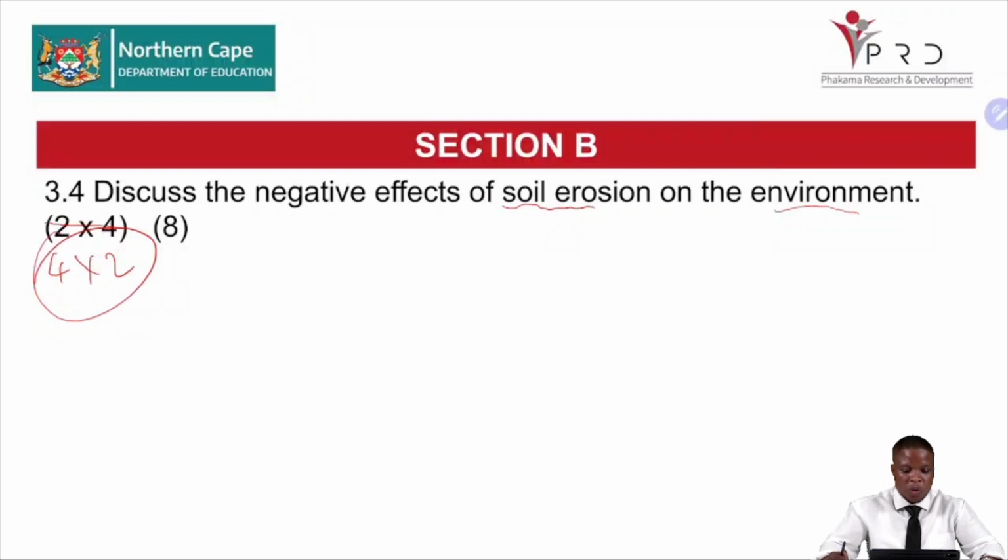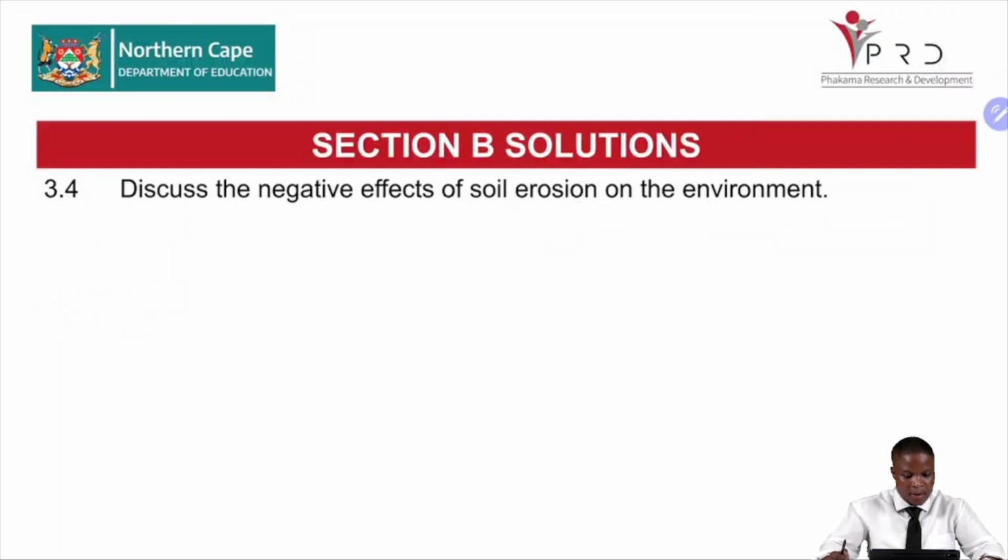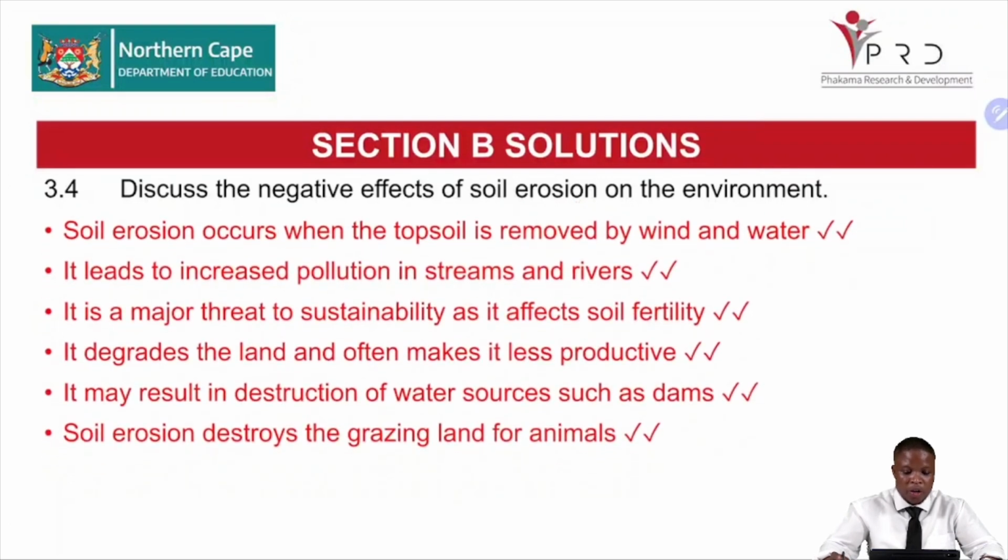Right, grade 12, let's look at our marking guideline. Discuss the negative effect of soil erosion on the environment. Soil erosion occurs when the topsoil is removed by wind or water. Remember, we said it's when soil is being removed at a greater volume than is formed.